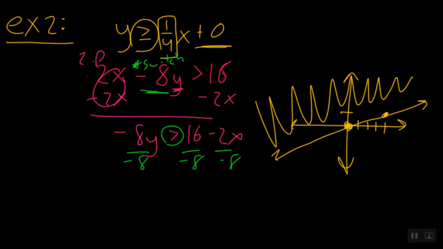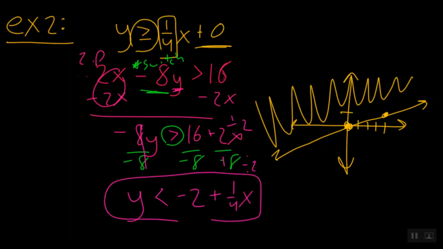And so we have y, and when our greater than symbol switches, it goes from greater than to less than, and 16 divided by negative 8 is negative 2, and a negative divided by negative is a positive, and 2 and 8 can both be divided by 2, so we actually get positive 1 over 4x.